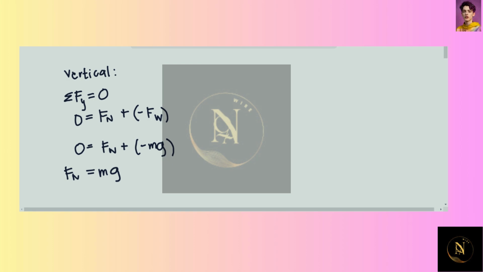Now, for the horizontal forces, also, the summation of the forces on this plane is equal to 0. And the forces involved in this plane are the applied force and the frictional force.